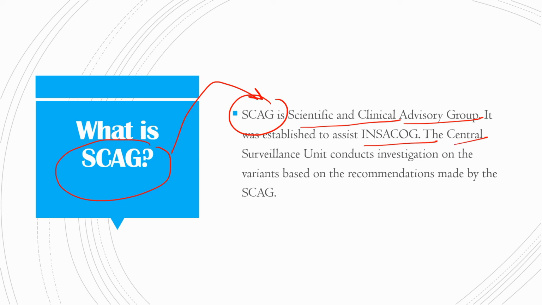The Central Surveillance Unit conducts the investigation on variants based on the recommendations made by the SCAG. तो जो ये recommendation देता है, इनकी recommendations को research किया जाता है and then we can accept it. So basically this is how it is supporting it. It also does research only regarding the same aim which INSACOG is made for. And this is all about SCAG.